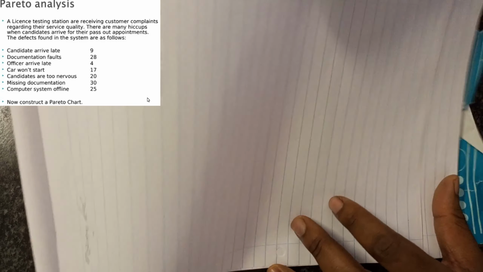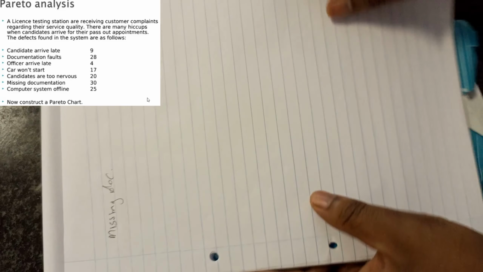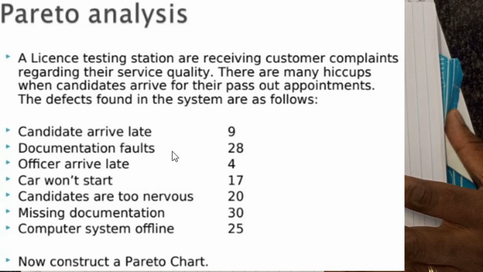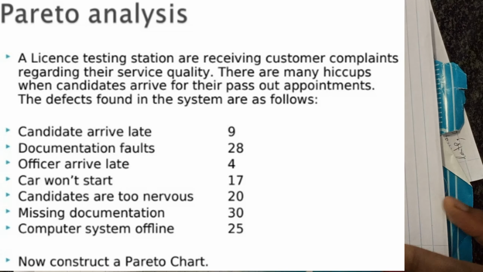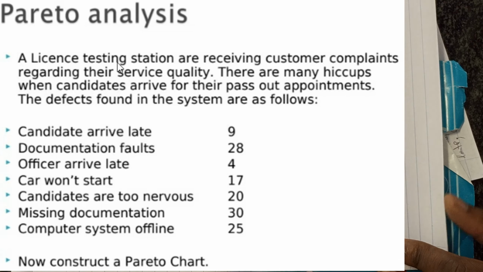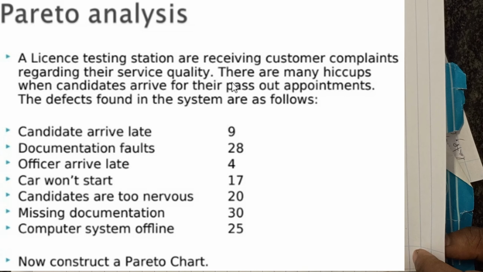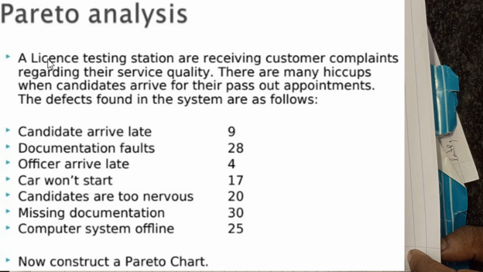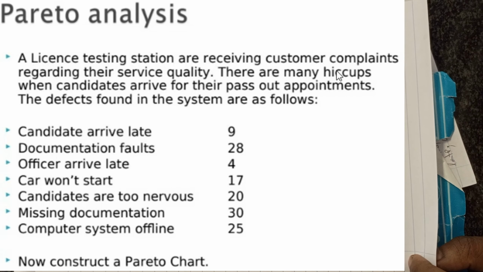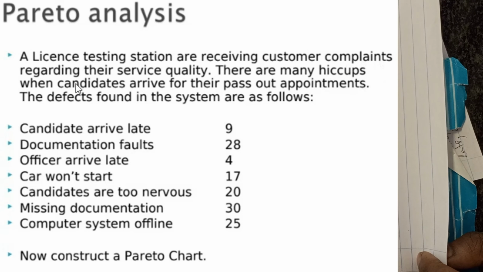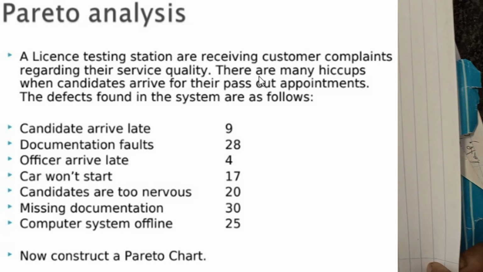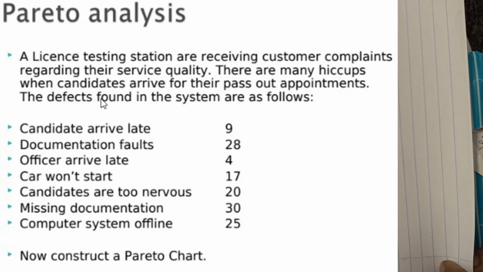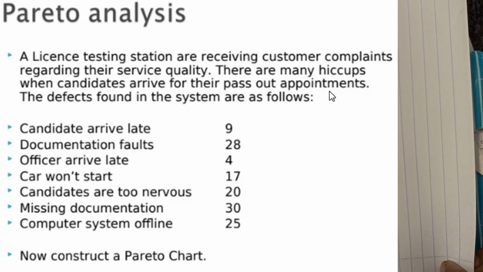All right. So basically, we have this problem here. We're going to create a chart for this license testing station. So here are the complaints from the clients. Let's read together. License testing stations are receiving customer complaints regarding their service quality. There are many hiccups when candidates arrive for their appointments.